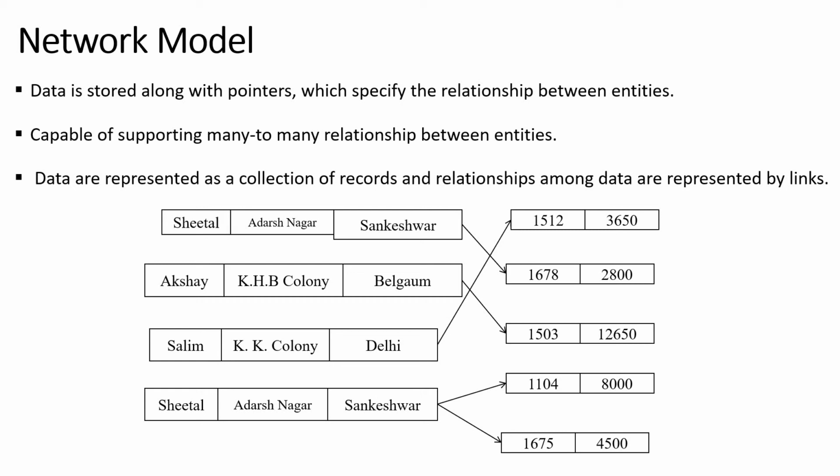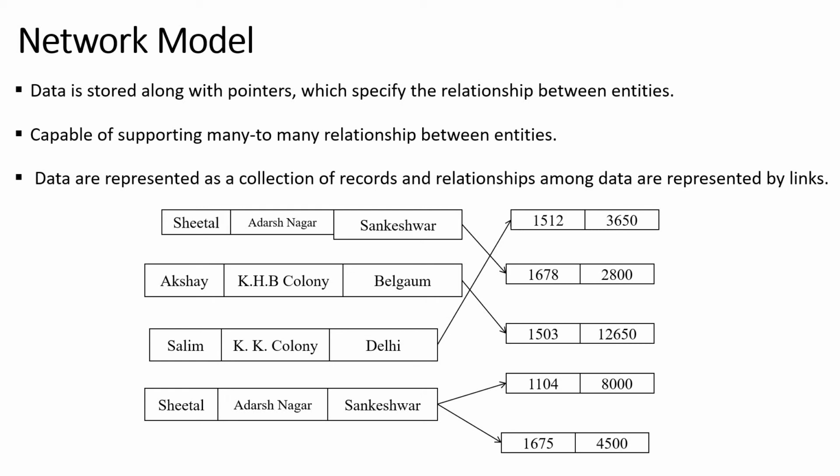The network model is very simple and easy to design when compared with the hierarchical model. Coming to the second one, this will support all types of relationship: one-to-one, one-to-many, many-to-one and as well as many-to-many relationship. The next one is regarding data access.